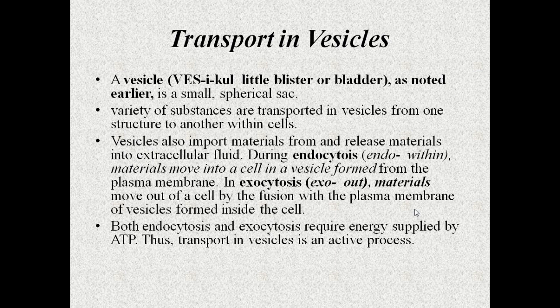They also require energy that is supplied by ATP. So transport by vesicle is also an active process. Unlike passive transport, this is also a process by which molecules can be transported, and it is an active process that requires energy.